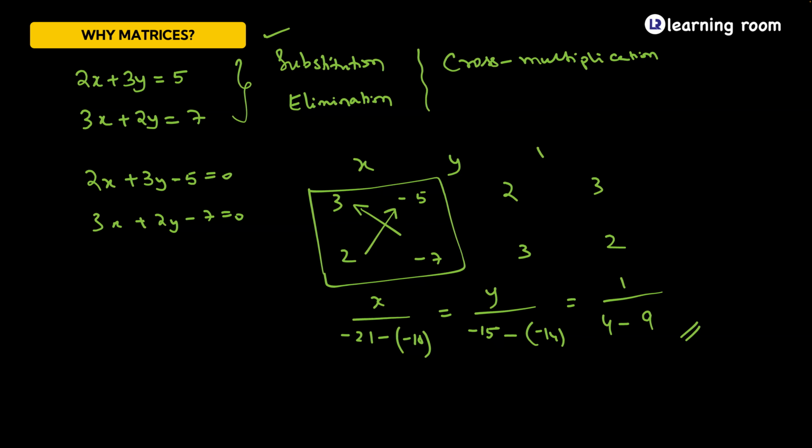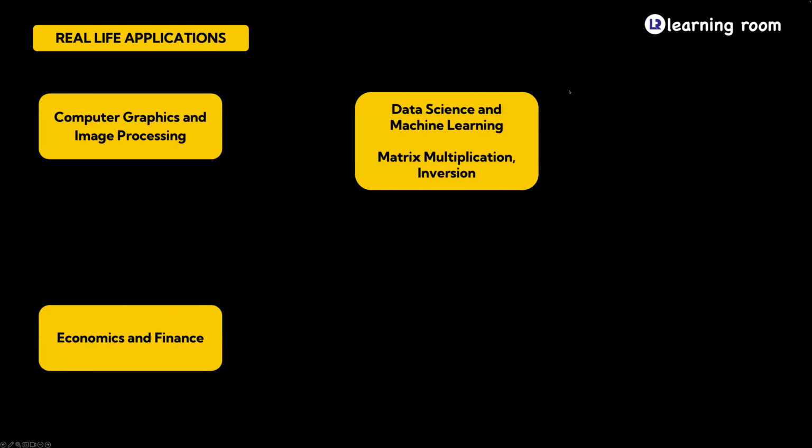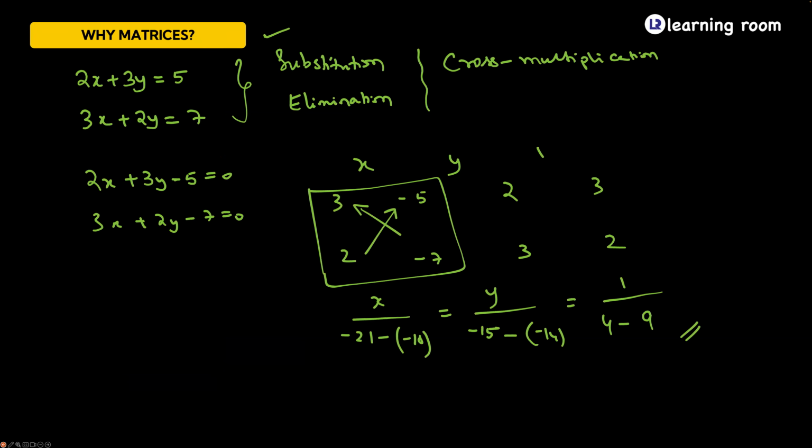See, for example, what I did here is cross multiplication. If I take these numbers and put them within square brackets, that is what is called a matrix. In mathematics, you call it a matrix. If you're a computer science student, you will call it an array.